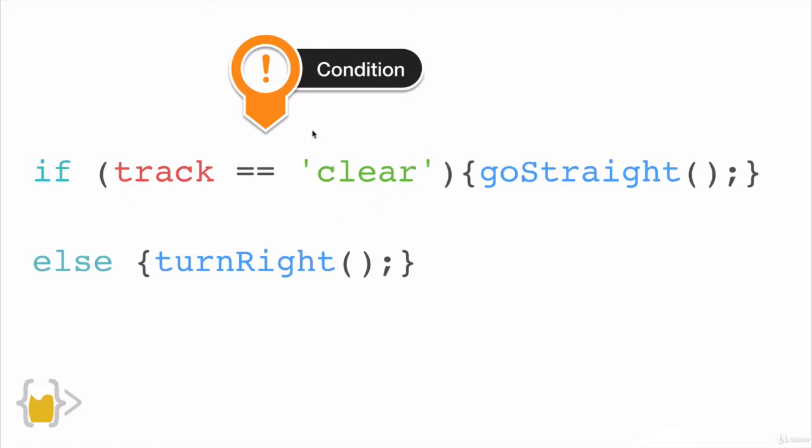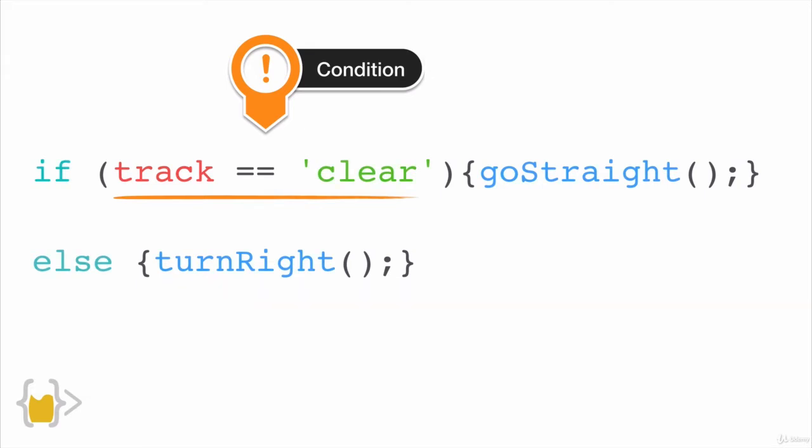The condition that we're testing for is if the track is clear, and in that case, it should carry out this piece of instruction, everything in between this set of curly braces. So go straight. But if this condition was not true, then it skips ahead to the else statement and it carries out what's inside this set of curly braces instead, which happens to be turn right.